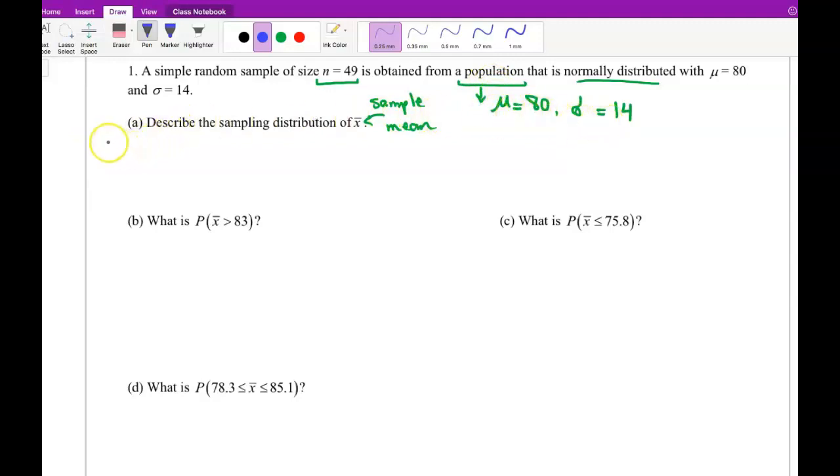So based on that, we need to describe the sampling distribution of the sample mean. So the mean is equal to the population mean, and that is equal to 80.